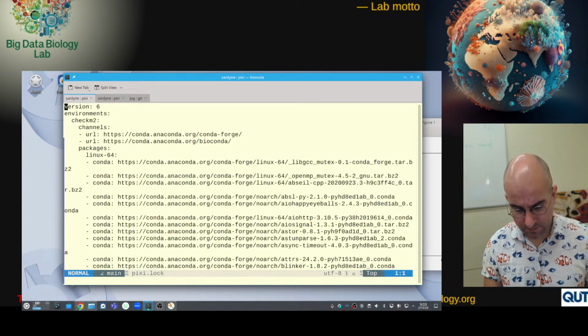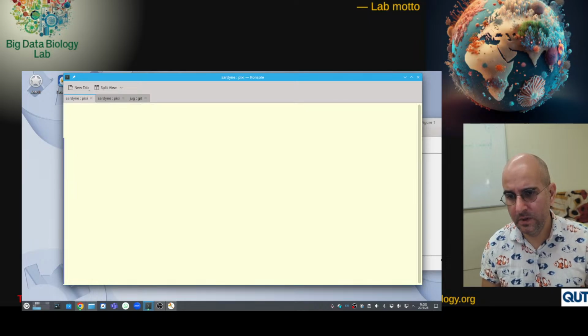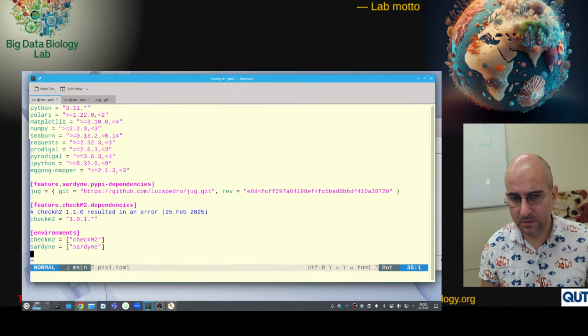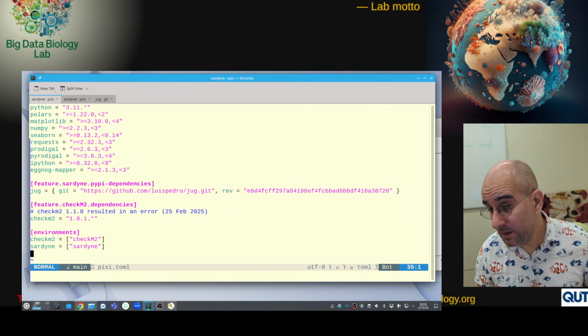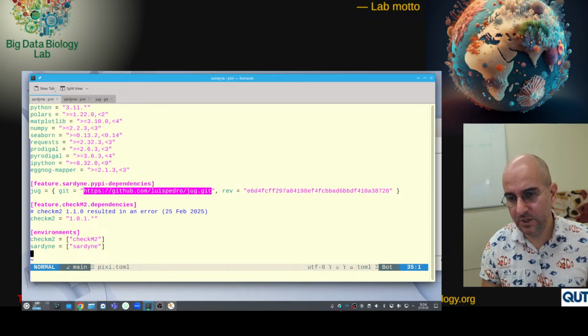What we need to do then is to use Pixie. And now instead of using the version of Jug that was available from Conda, we are using a very specific, unreleased version of Jug.